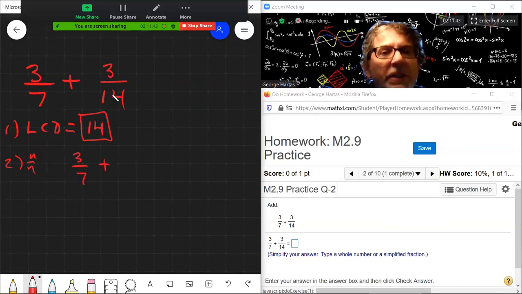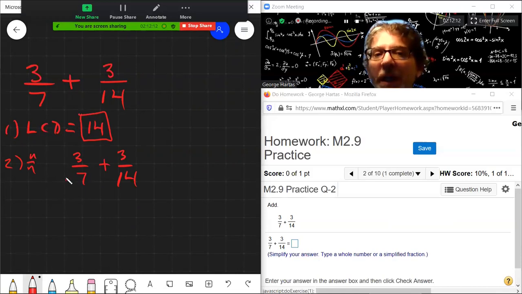Now, here we can see this has the LCD. I'm not going to do the 1 over 1 again. I'm just going to write this right next to it here. No extra space needed, because I can see that this is the LCD. What number, and you always multiply with the denominator first, not the numerator. We want to know how we can change this number in the denominator to make it the LCD, 14.